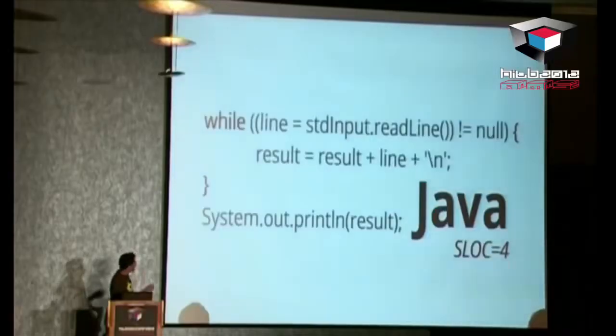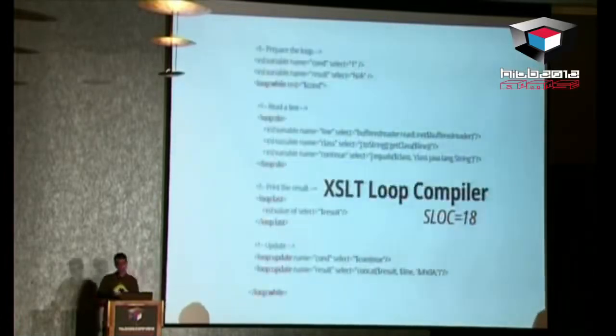Just to show the complexity, that's 4 lines of Java which reads a line, appends it to result, and at the end will print the result. It's 4 lines. If we use the XSLT loop compiler, it's 18 lines. So we can see our readLine here.